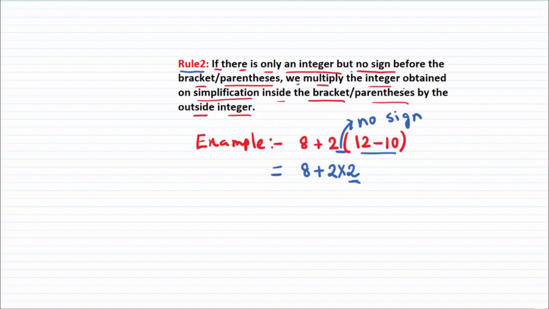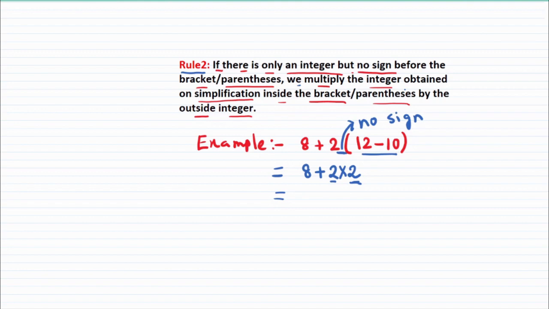by the outside integer. Now look at this, and again there is a scope of applying the order of operation rules. Our rules are either BODMAS or PEMDAS.